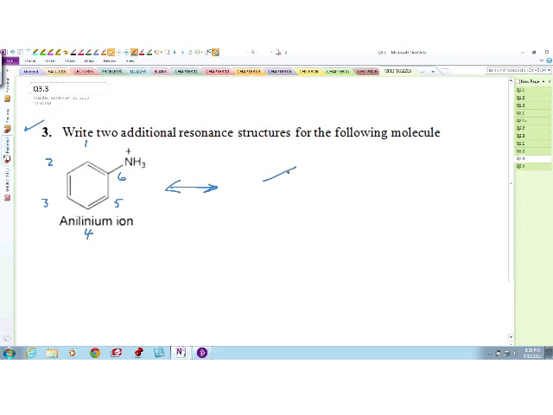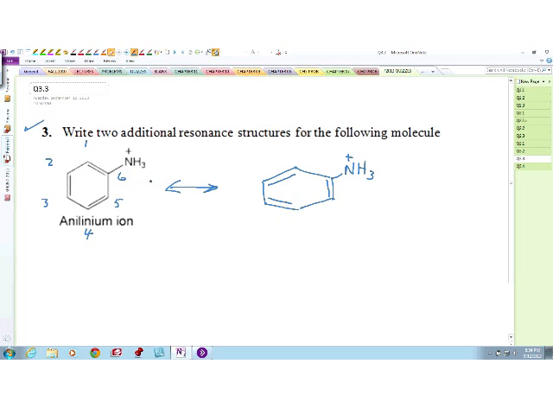Okay, very good. So now we move this to here, between 1 and 2, and then we move this to here. So these two are resonance structures.